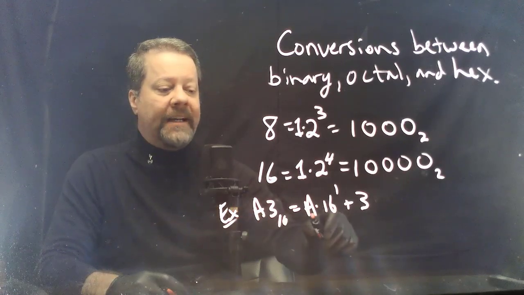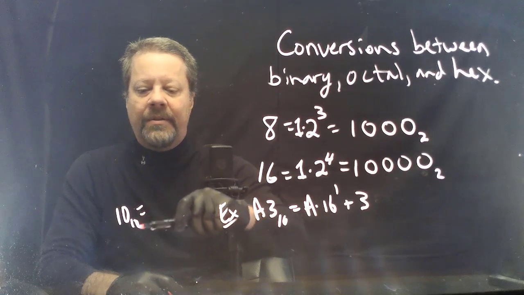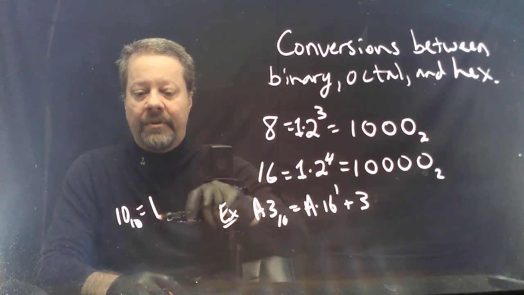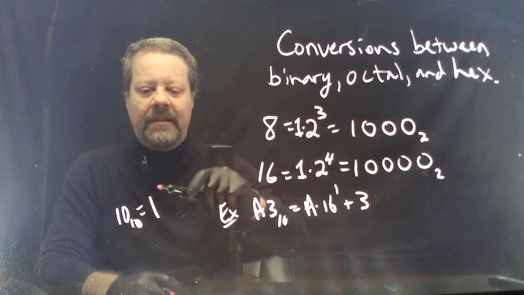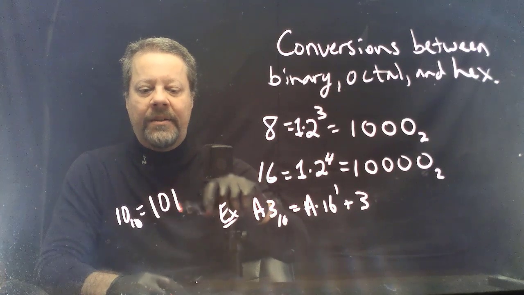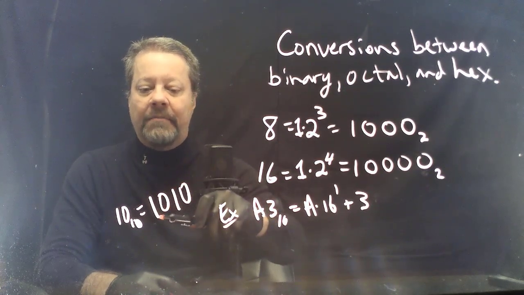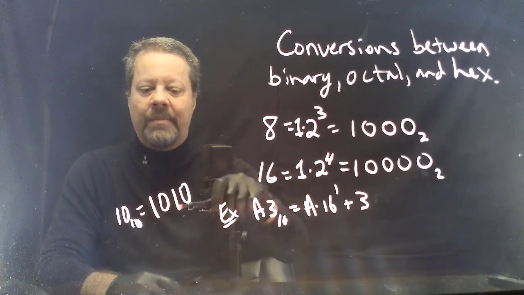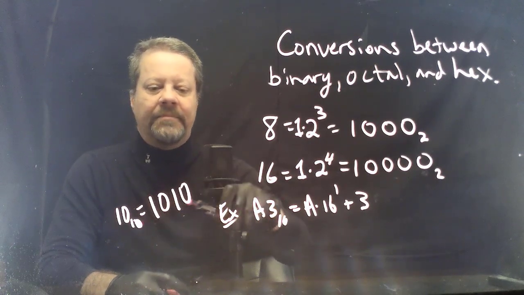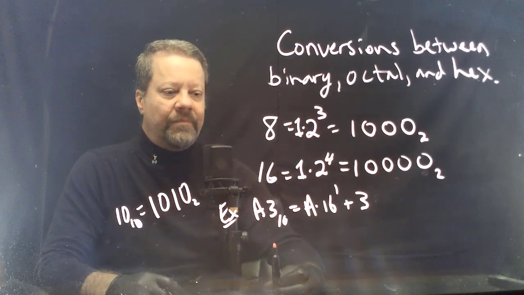in binary? 10, base 10, corresponds to, we have 1, 2 cubed, so that's 8. 0, 2 squared, 1, 2, and 0. So this is 2 to the power 3, that's 8, plus 2 to the power 1, that's 10. So base 10, you get 1, 0, 1, 0.